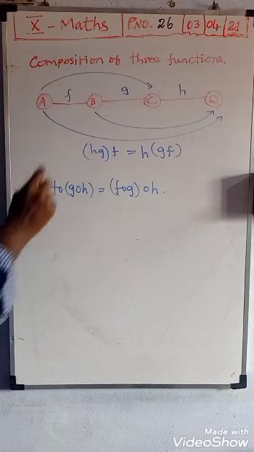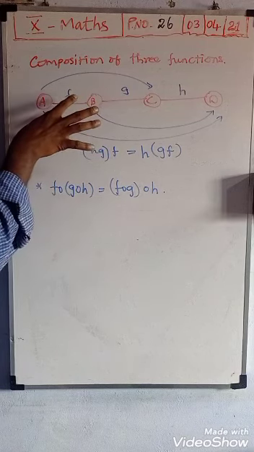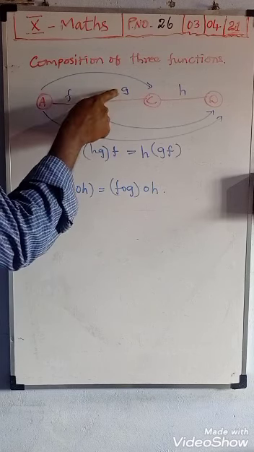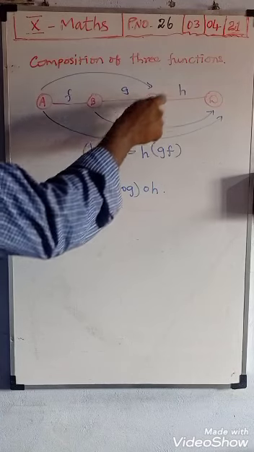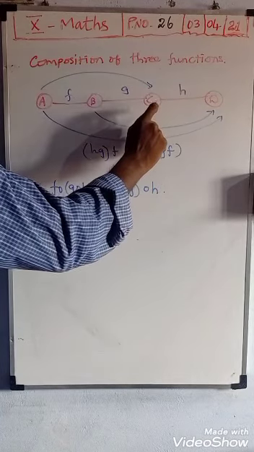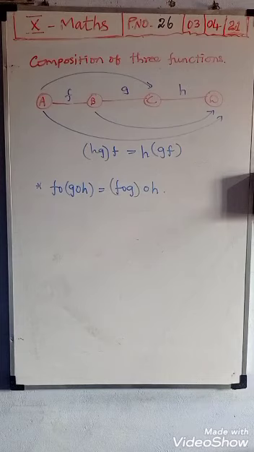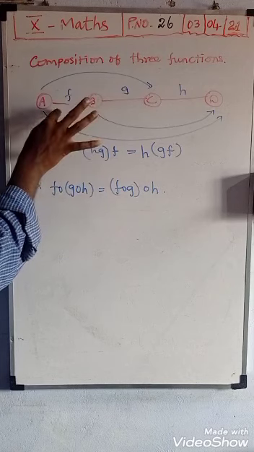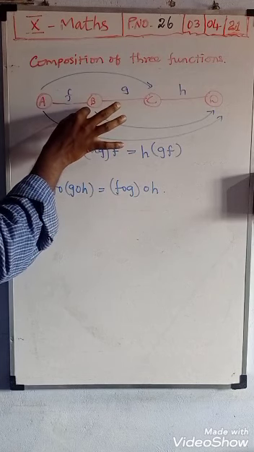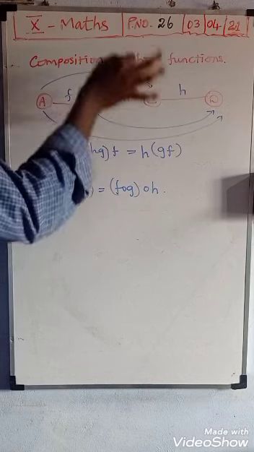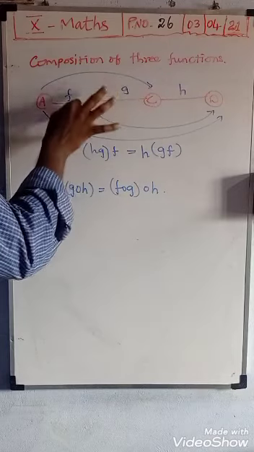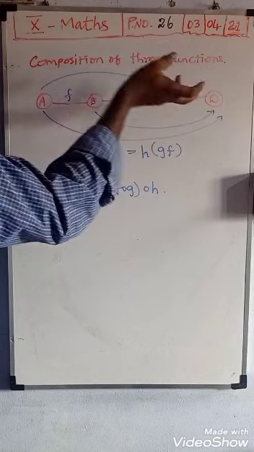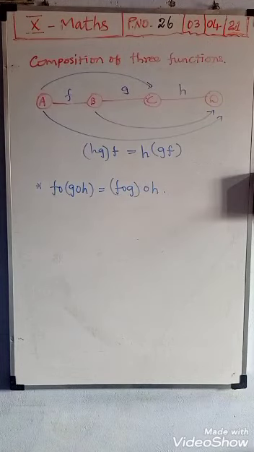The function f is related to A tends to B, the function g is related to B tends to C, then the function h is related to C tends to D. So you consider the three functions. First, the function f of x you substitute in g, then the f of g of x function you substitute in h, which means we get the composition of three functions.